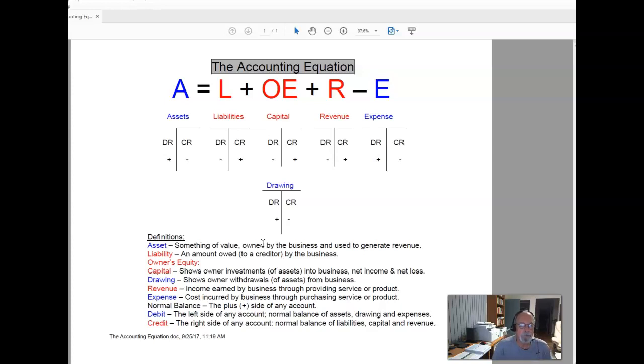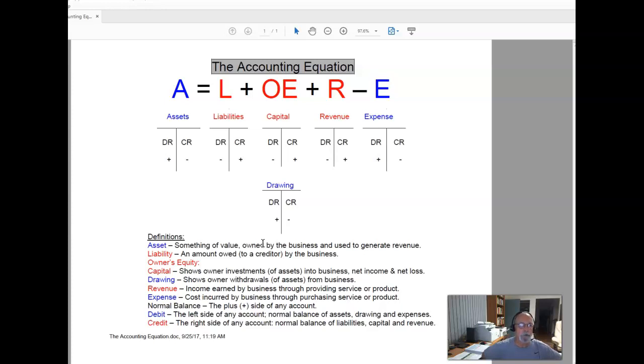The accounting equation across the top is stated as assets are equal to liabilities plus owner's equity plus revenue minus expenses. Below that basic equation, and they call it an equation because it kind of looks like a math equation with pluses and minuses and the equal sign.